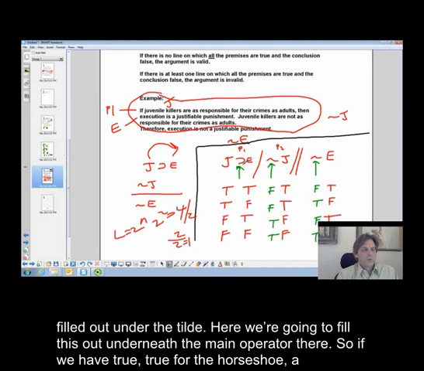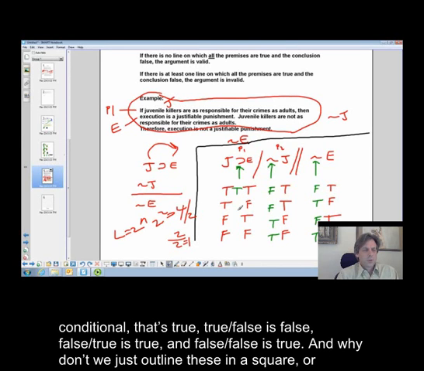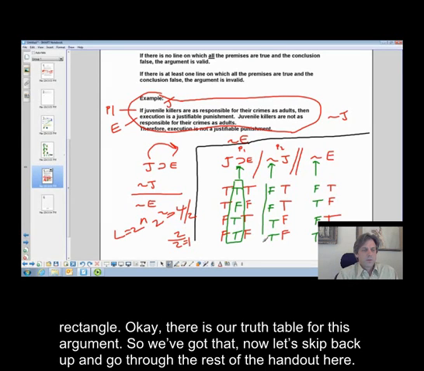So if we have true, true for a horseshoe, a conditional, that's true. True, false is false. False, true is true. And false, false is true. And why don't we just outline these in a square or rectangle.